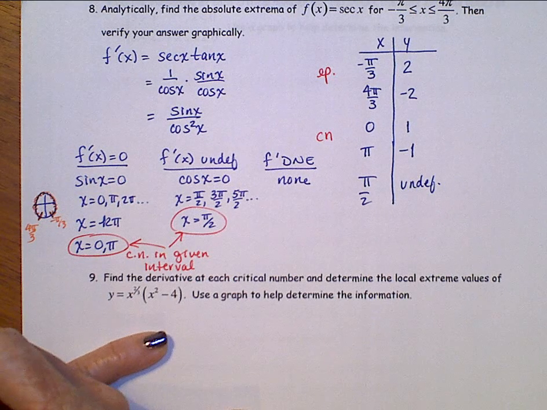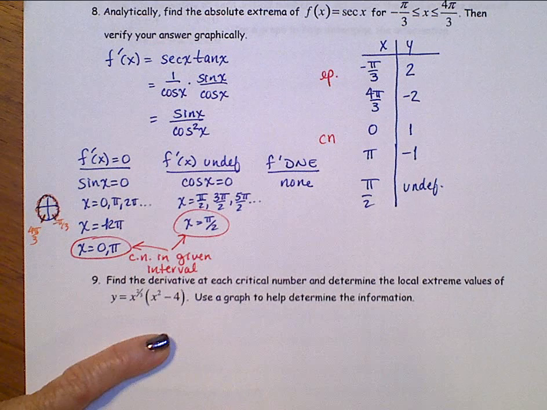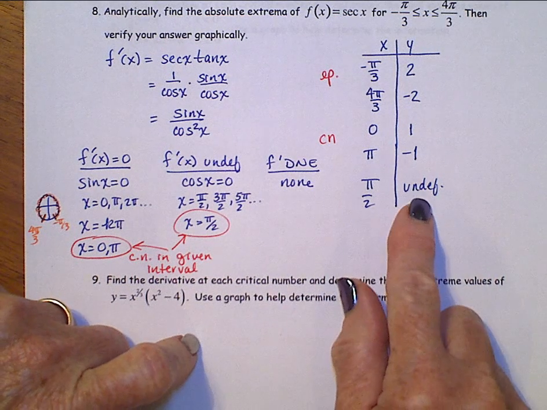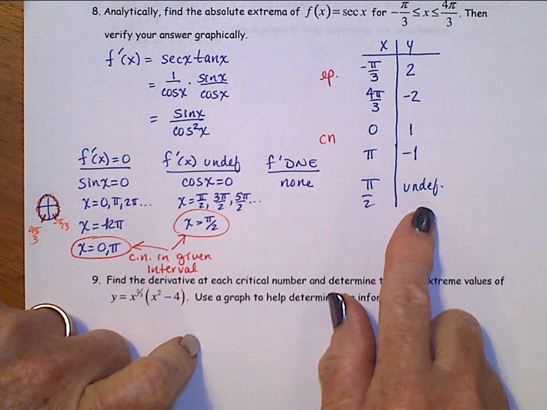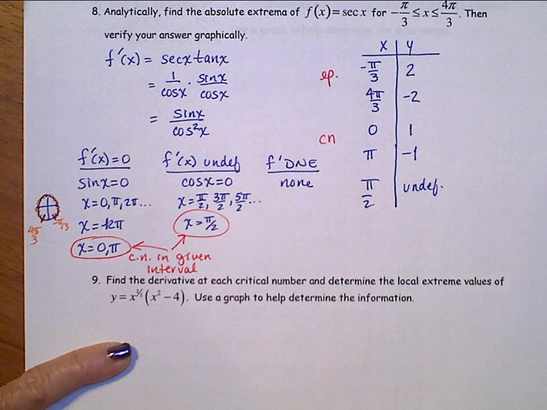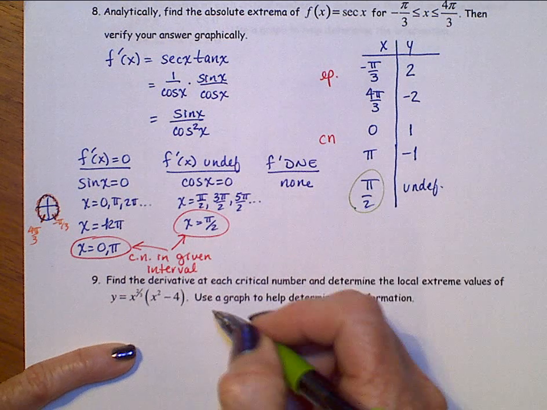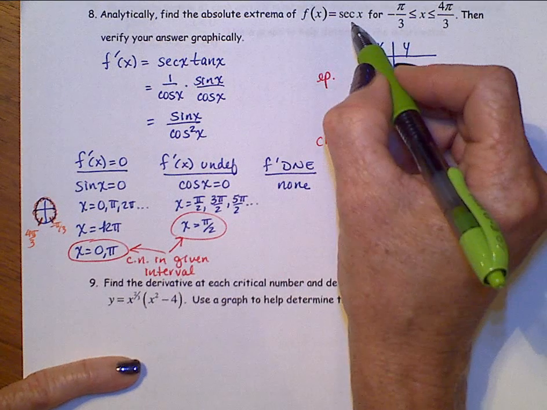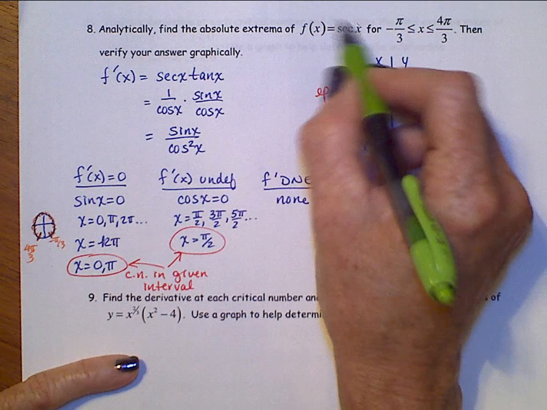Okay, now we have a little bit of an issue here. That came out to be a critical number. How could it give us something that's undefined? Because it's not really a critical number. This pi over 2 is not really a critical number because even though it showed up here, it's not in the domain. It's non-existent in the original function.